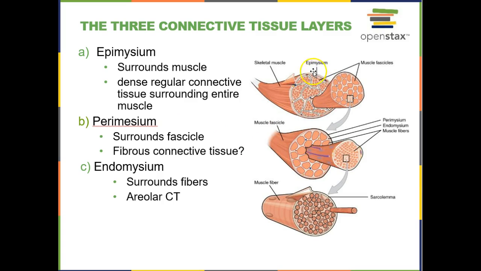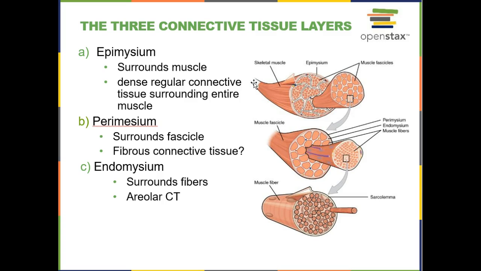And then around the entire outside of the muscle, bundling the fascicles together, is epimysium. And epimysium is made out of dense, regular connective tissue. And you are going to see that it's the epimysium that actually forms the tendon as well.